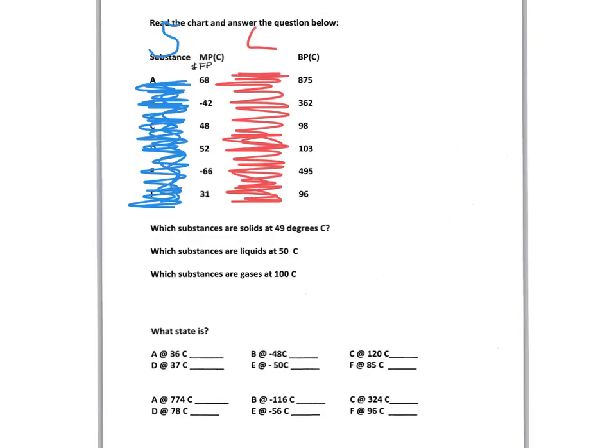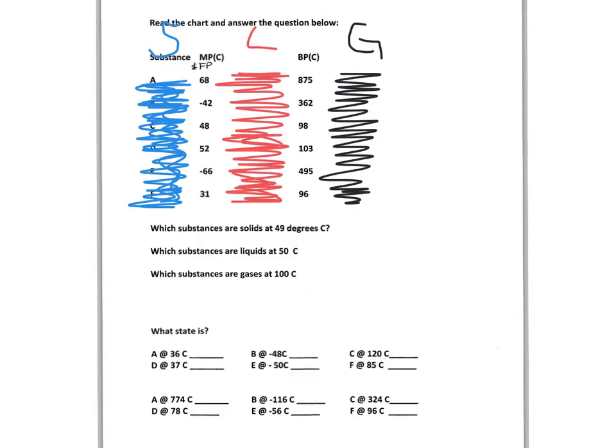And then finally, if something has boiled, it has become a gas, and I'm going to put that up here with a letter G. Now, the next thing we want to look at is how to actually read this. We have some visuals, but I want you to look at these numbers as if they are on a number line.